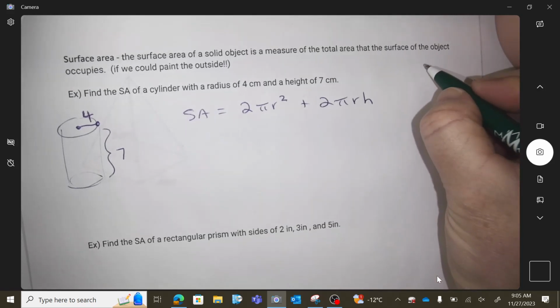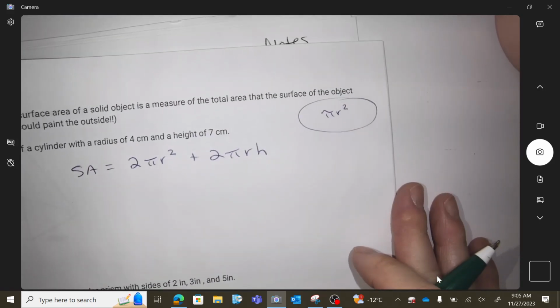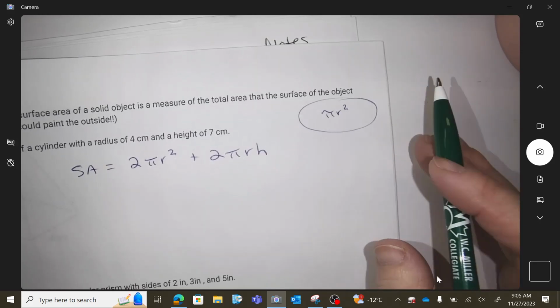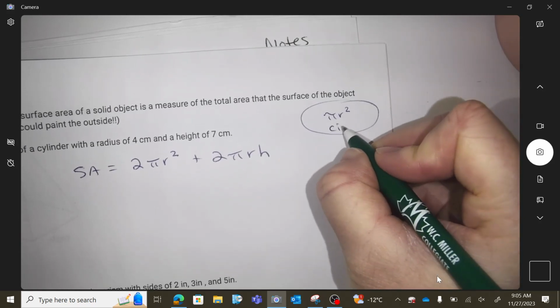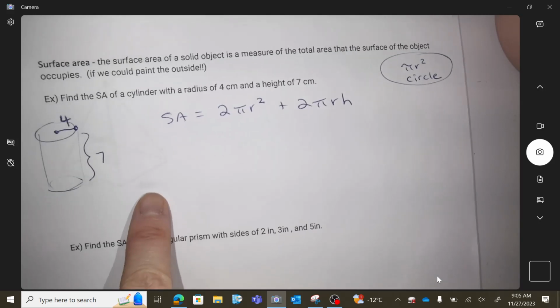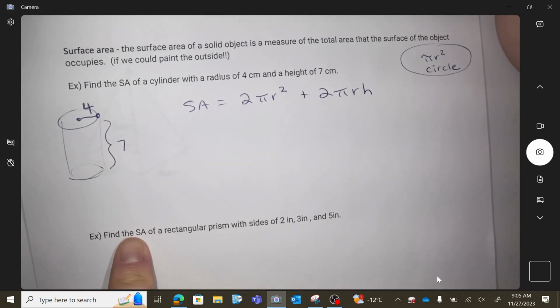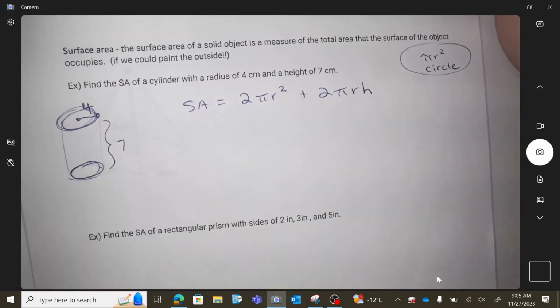Do you recognize pi r squared from something maybe in grade 7? Pi r squared. What's it the formula for? It's just a circle. So if I have 2 circles, what part of the shape is this talking about? It'd be talking about the top and the bottom, right?